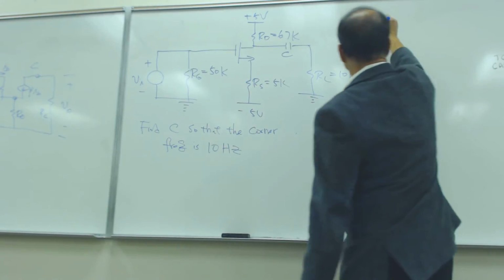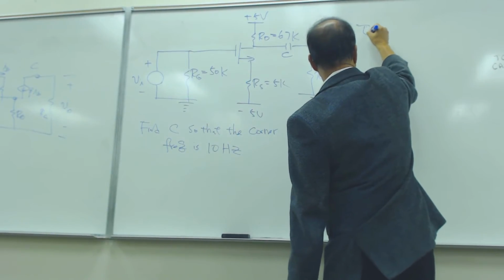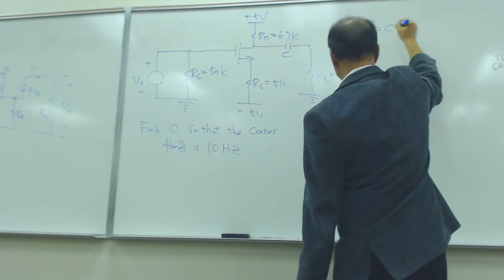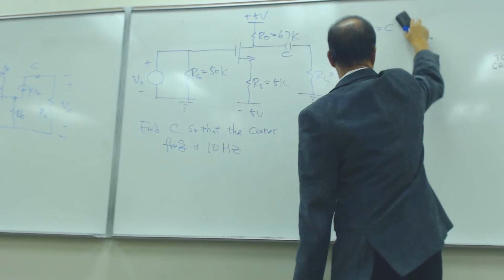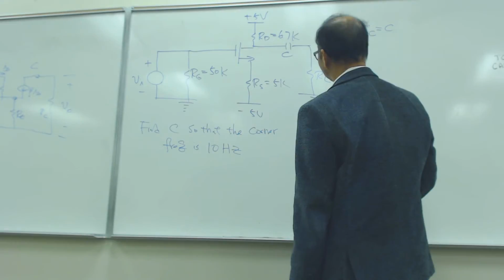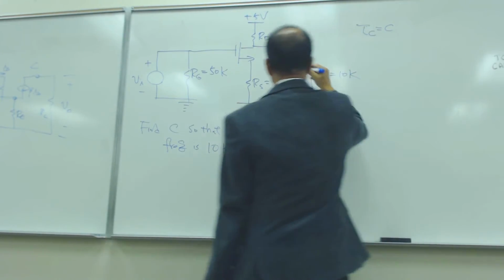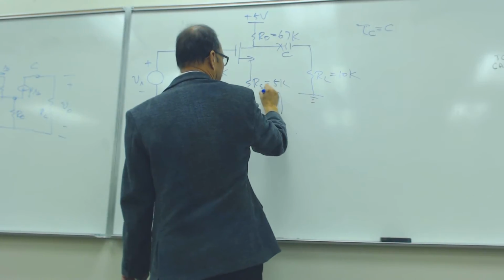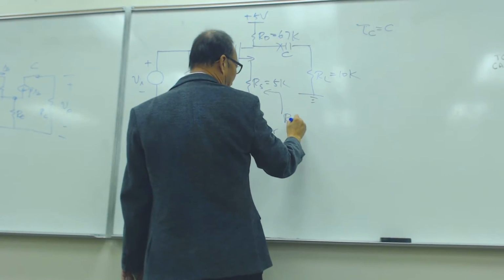All right. So tau associated with C is equal to C times the resistance seen by the capacitor. If I look to the side, let's call this R out.